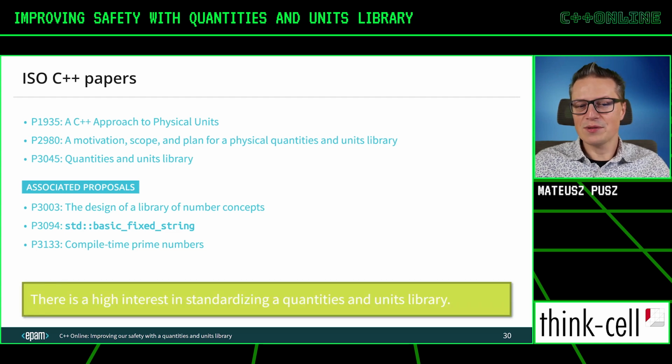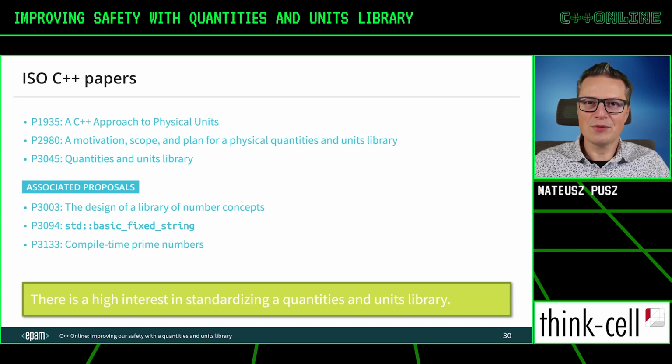And it turns out that there is a high interest in standardizing such a library. Not only parties involved, like authors, companies and universities are interested, but it seems that also committee members and plenty of people are actually cheering to get this into the standard, because this is about safety, and this is about so-called vocabulary types.